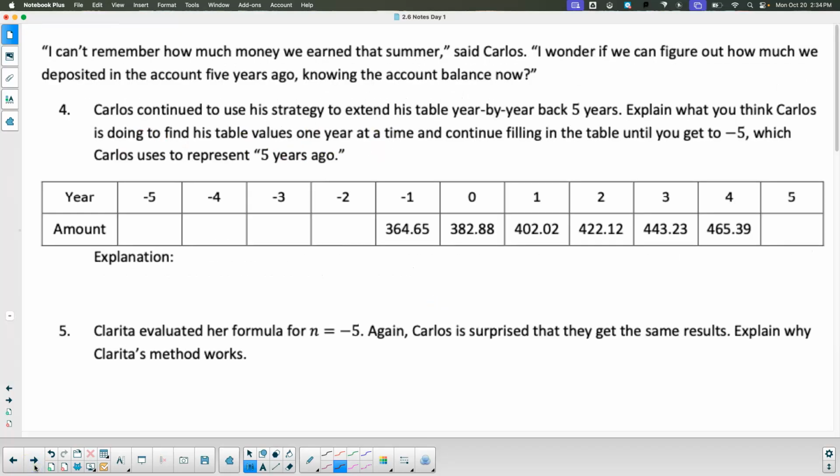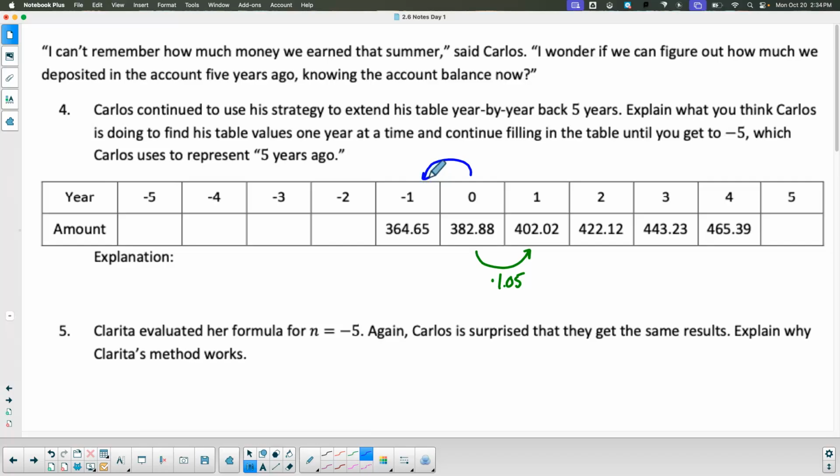Carlos now can't remember how much money he had the very first summer that they worked, and he's trying to figure out how much money they started with. To go on Carlos's chart to the right, we have to multiply by 1.05. Do we agree with that? What if I want to go on Carlos's chart to the left?